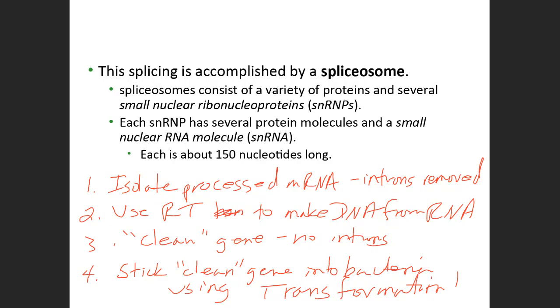We isolate the processed messenger RNA where all the introns have already been removed by the eukaryotic cell. We then use reverse transcriptase to make a DNA copy from that processed messenger RNA. Now we have a clean gene with no introns. And it's relatively easy to insert that gene into bacteria using transformation.